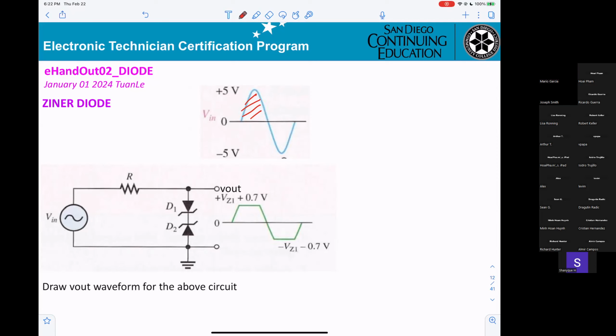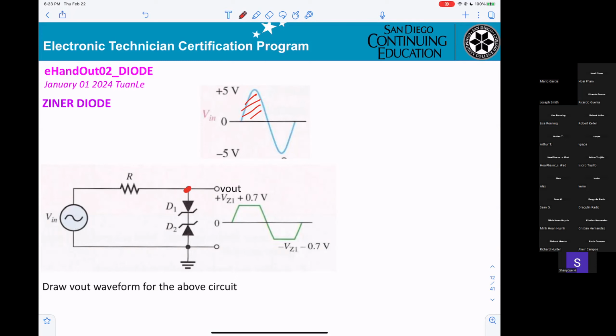In that one, they don't give you the breakdown value, okay. So VZ1. Mr. Pham, do they want it to be 5 volts because the sine wave up there is plus or -5? Oh, yeah, they give you 5 volt here. Okay. So when you apply the positive, then you get the positive here, 5 volt.